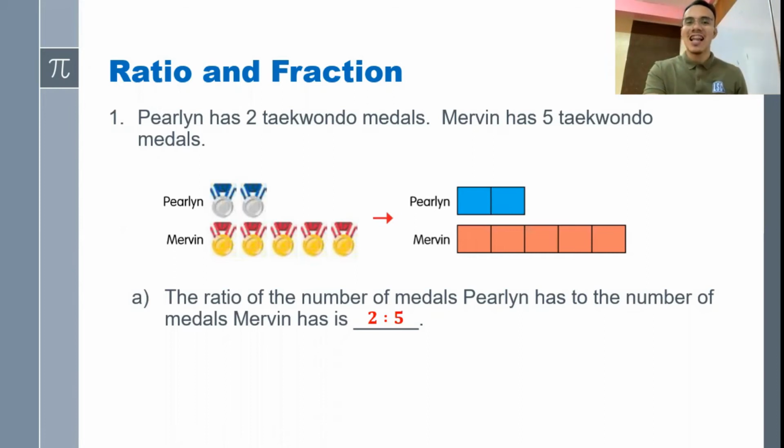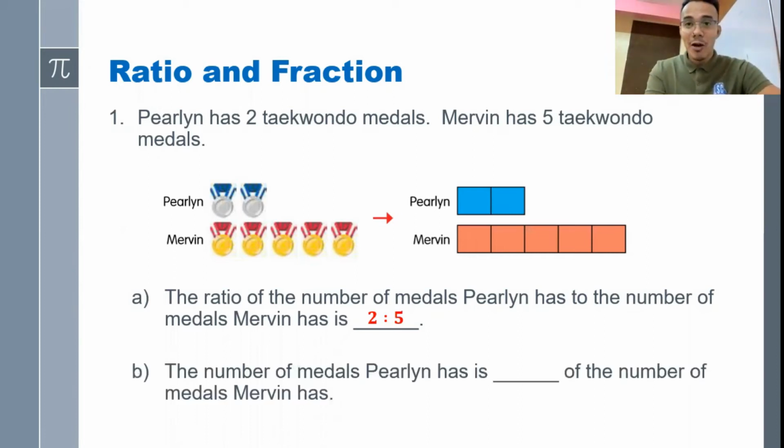Letter B. The number of medals Perlin has is blank of the number of medals Mervin has. Look at the blank. The blank is followed by the word of. In other words, we're looking for the fraction of medals Perlin has with respect to the number of medals Mervin has.